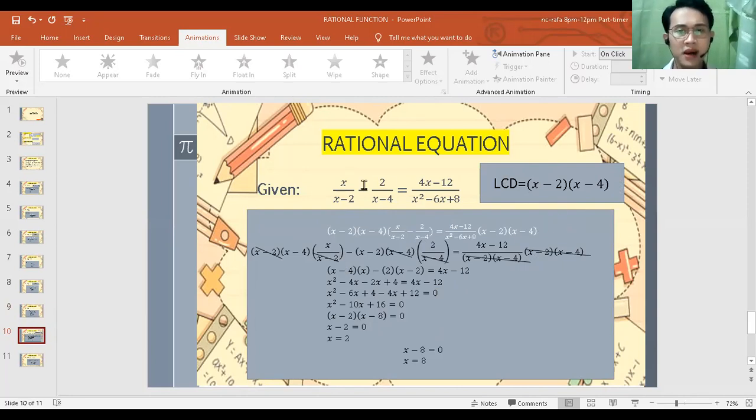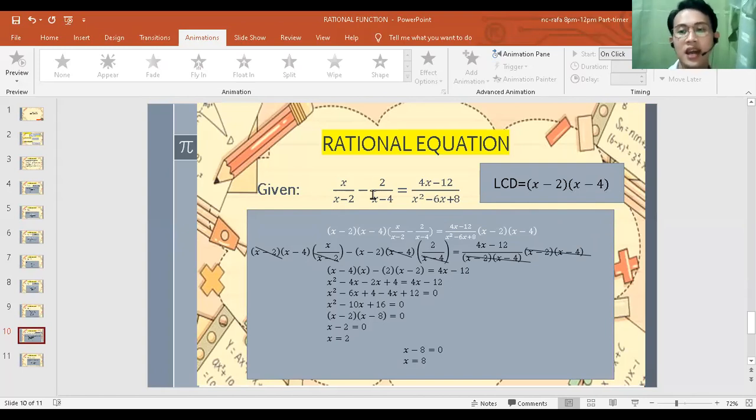Is it divisible by x squared minus 6x plus 8? The answer is yes, because this is only the expanded form of that. x minus 2 is x minus 2, and x minus 4 is the same, which means it's divisible to all the denominators we have. So this is our LCD.